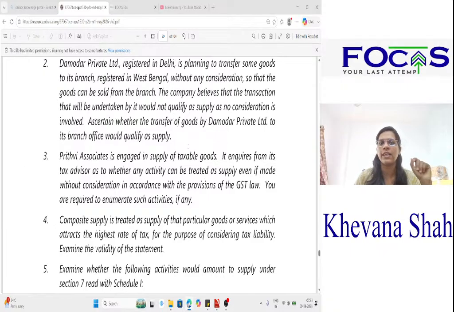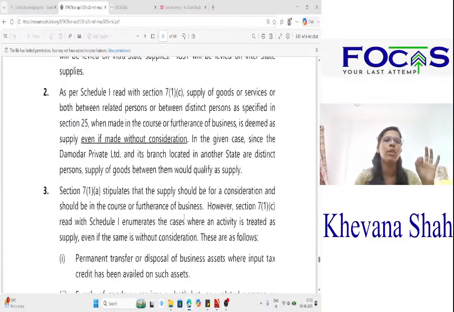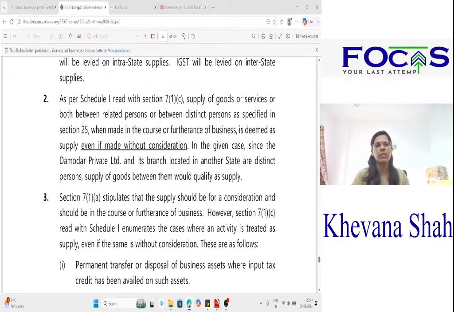The only condition that is not getting fulfilled is that of consideration. But again, in further sections we had seen there are certain cases wherein even if the supply does not involve any consideration, still that will be considered as supply. That was the case of your deemed supply. So here in this case, this is a deemed supply. Why? Because it is between distinct persons, and this will qualify as supply.